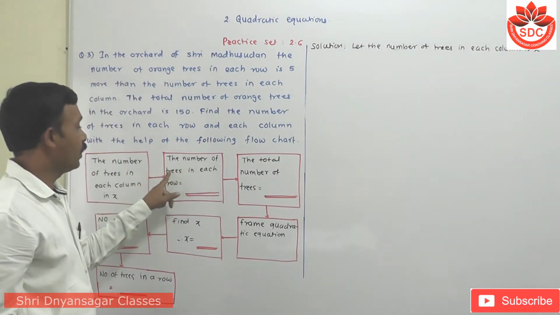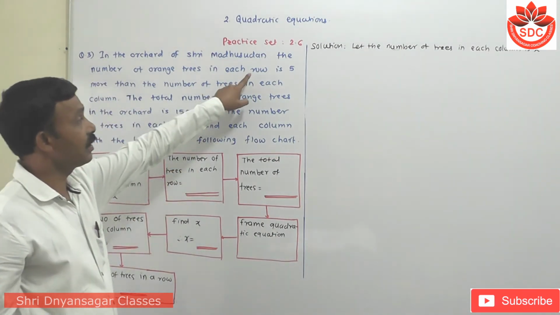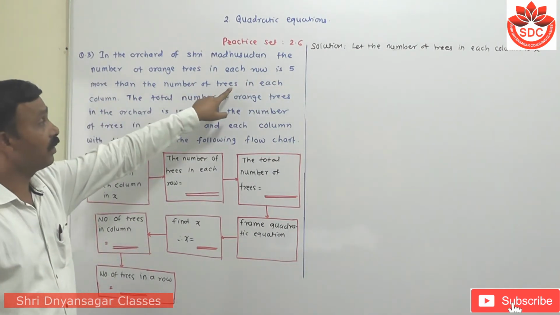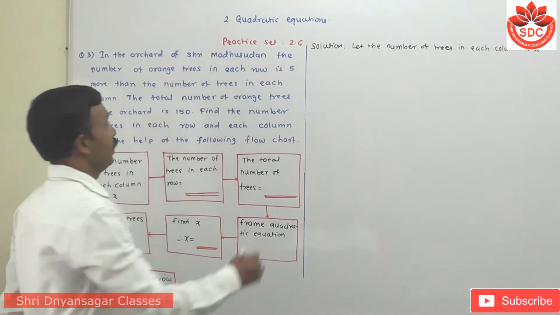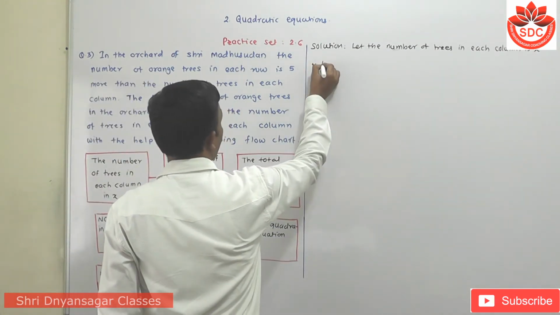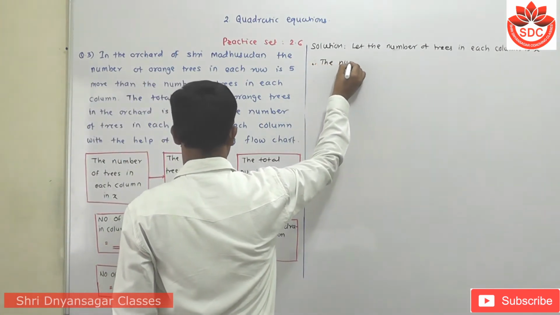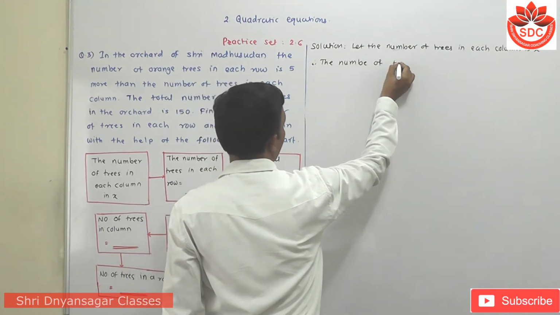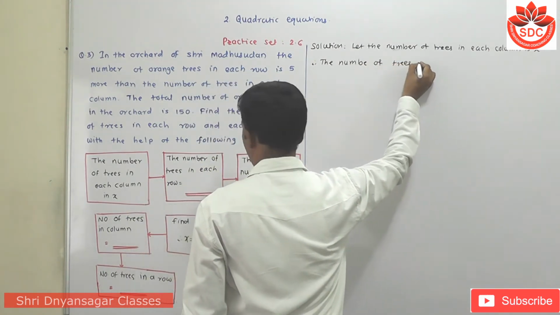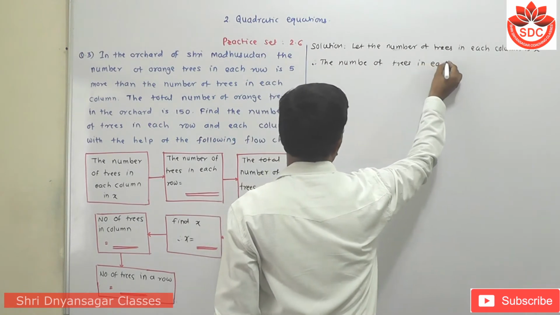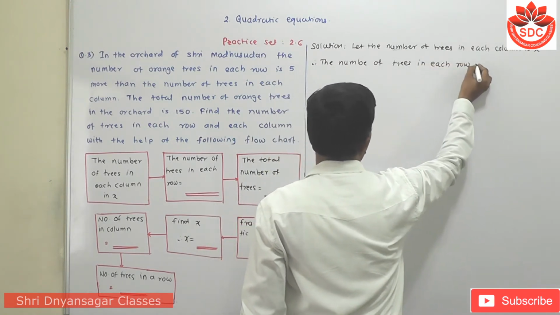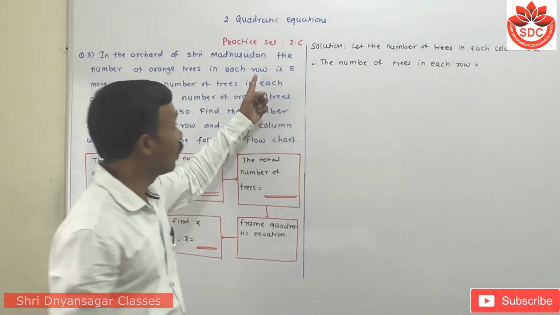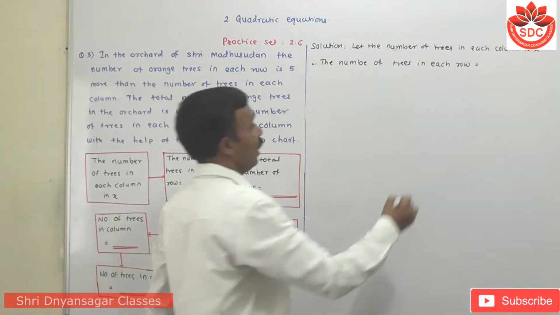Then the number of trees in each row: here each row has 5 more than the number of trees in each column. Therefore the number of trees in each row is equal to x plus 5.